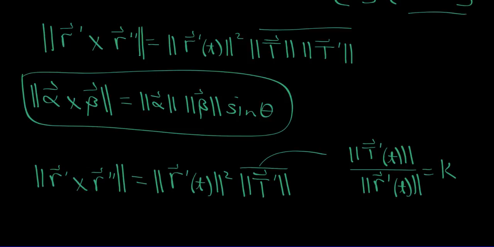Well, look at this. The magnitude of T prime, let me just replace the magnitude of T prime with kappa times this thing. In other words, let me just multiply it through by that denominator.